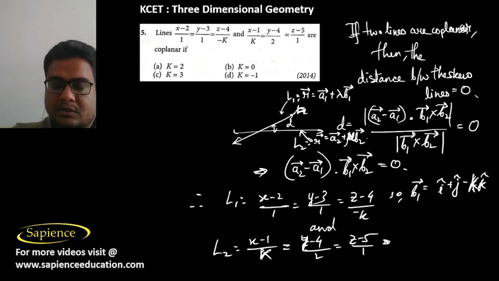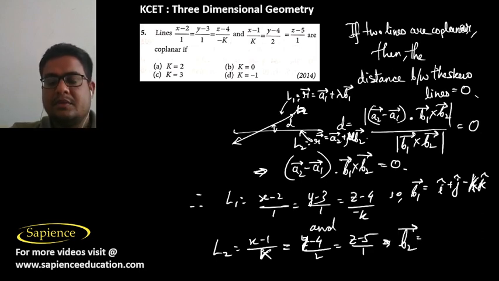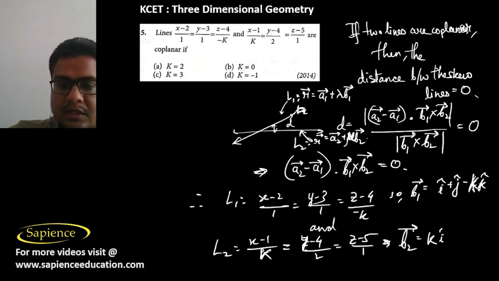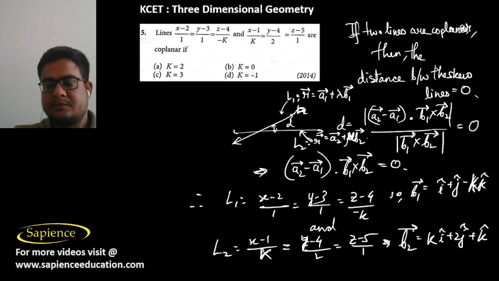So therefore I can say that b2 vector will be equal to k i cap plus 2 j cap plus k cap.